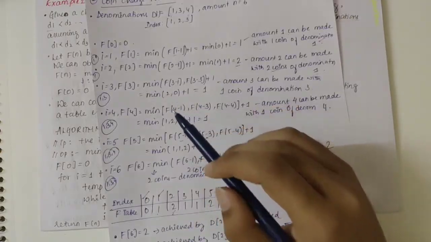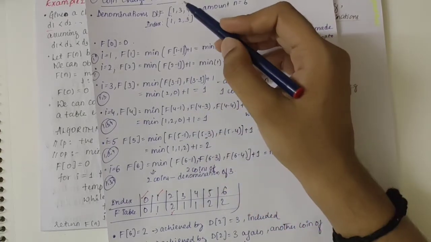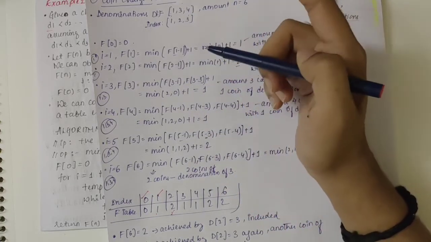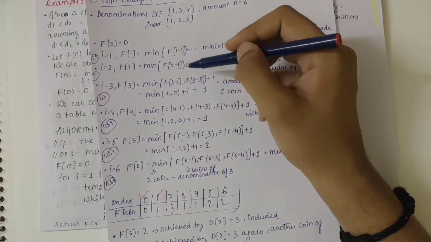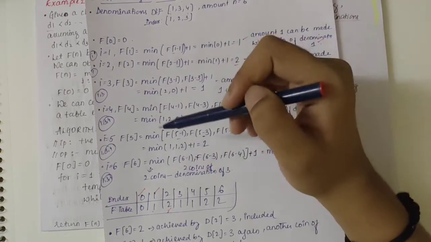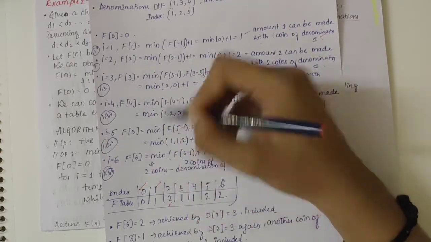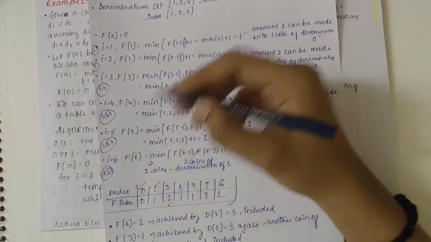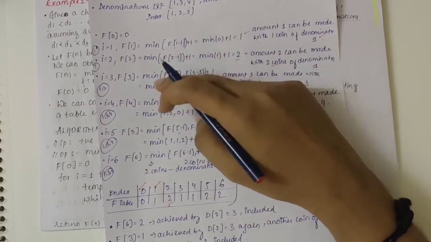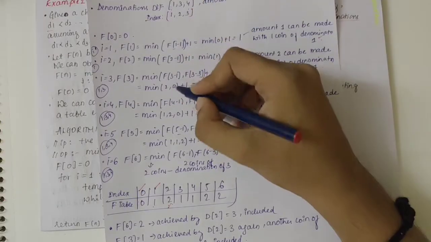Then for 3 we'll be considering 1 and 3. So here the denominations would be 1 comma 3. So here it would be f of 3 minus 1, comma f of 3 minus 3. 3 minus 1 is 2, so for f of 2 we got 2, so I have written 2 here. f of 3 minus 3 is f of 0, which is 0, so 2 comma 0.